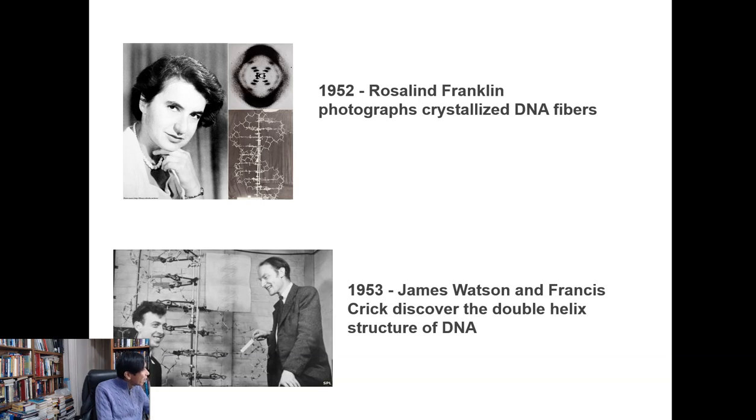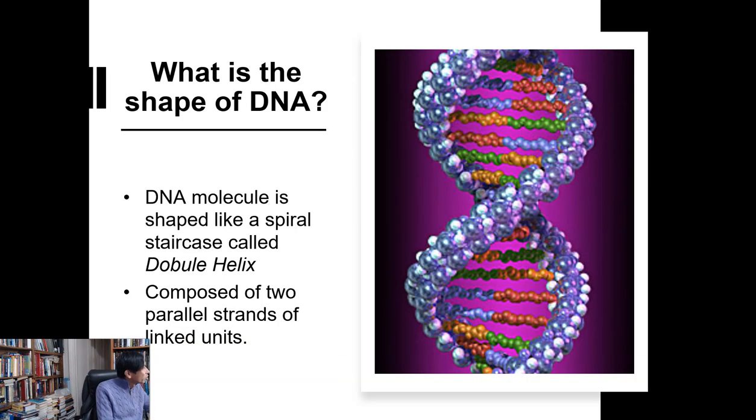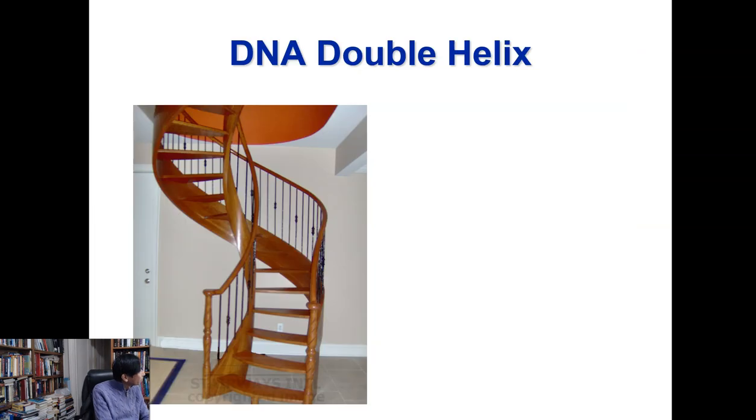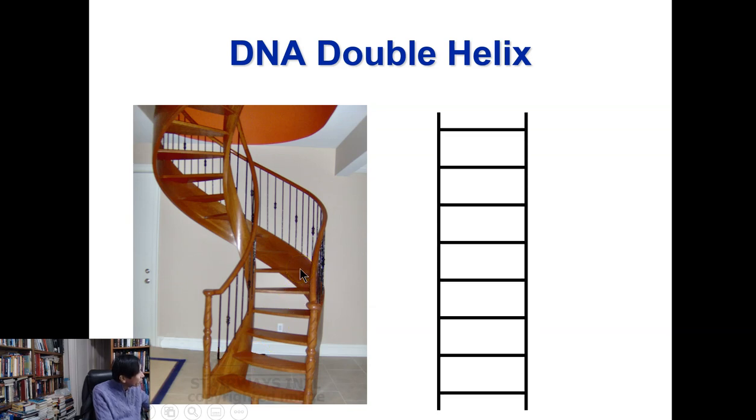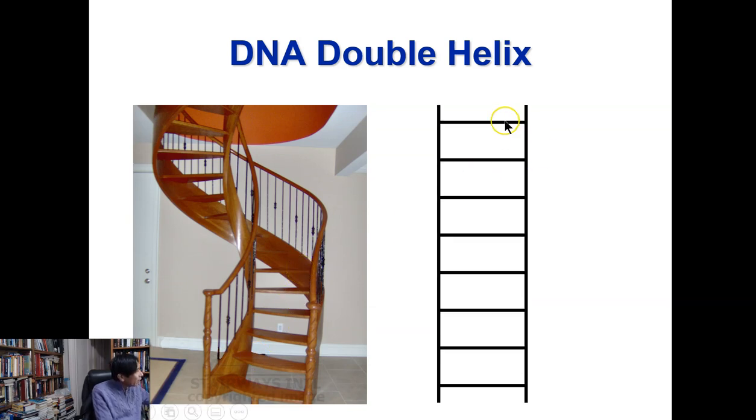DNA has a double helix structure. Double means two, and helix means a spiral-shaped structure. So DNA has a double helix structure made of two parallel strands, like a twisted ladder or spiral shape. If you untwist the DNA, it will be like a ladder.